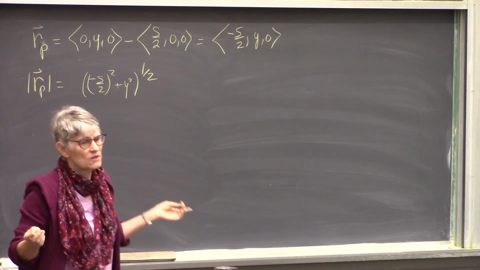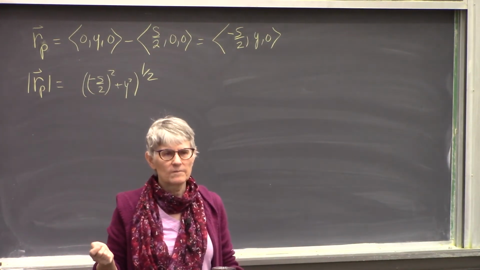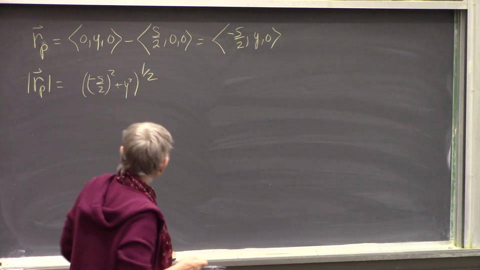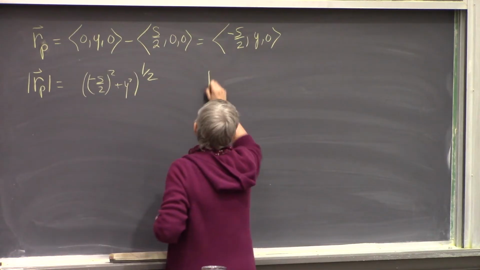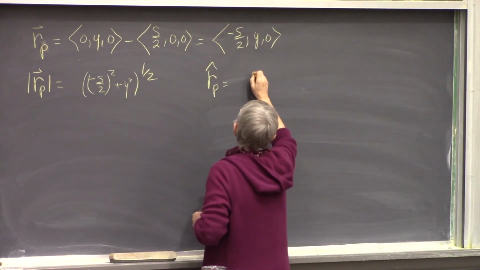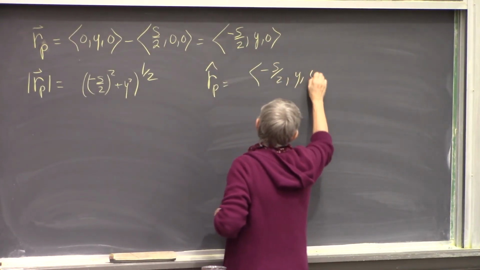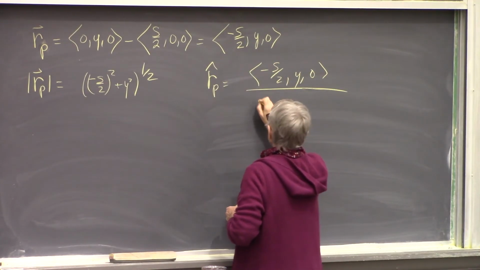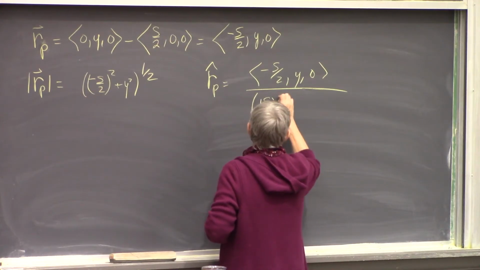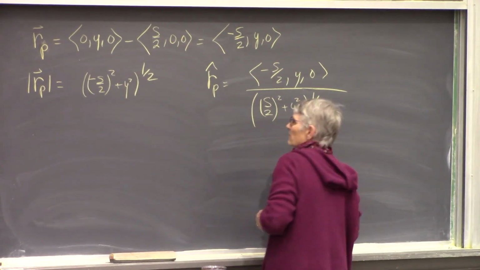Same magnitude as the other one because they're the same distance from the charge, right? r P hat is therefore minus s over 2, y, 0 divided by the square root of s over 2 squared plus y squared.